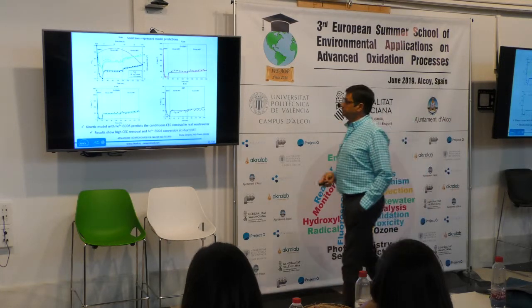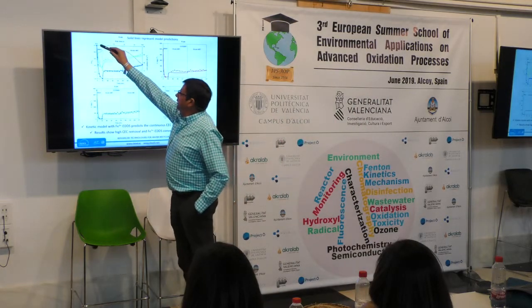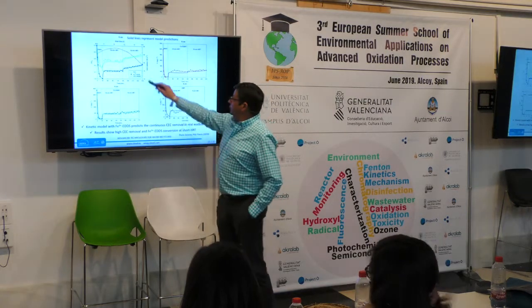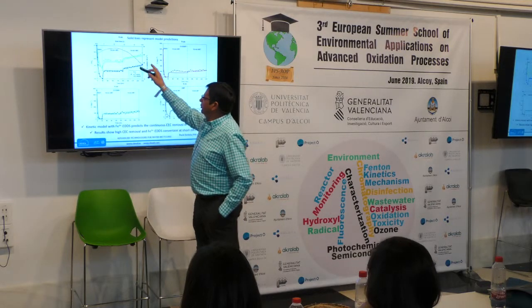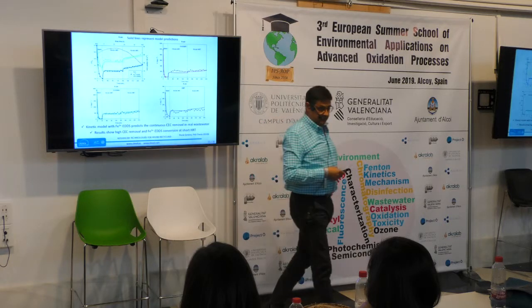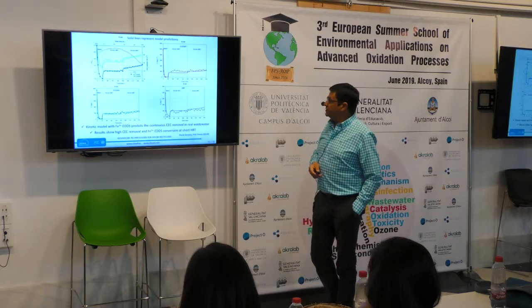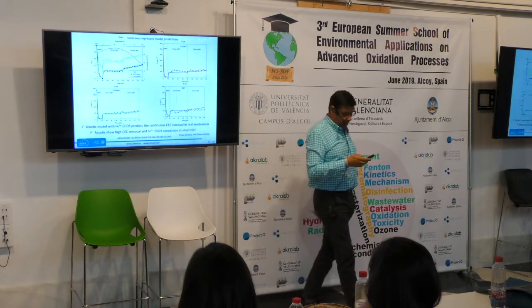For instance, the model can predict the photodecomposition of the complex in batch, and next in continuous for the two hydraulic residence times tested. As well, the consumption of hydrogen peroxide and the removal of the 3 selected micropollutants.